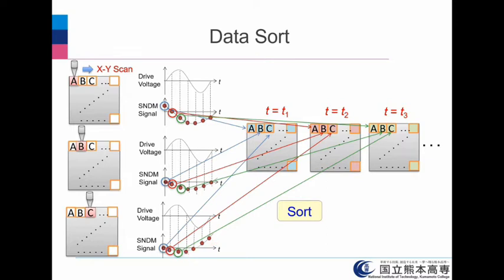And after the acquisition of all data, we sort these data with the time. So we get the polarization distribution over the time.